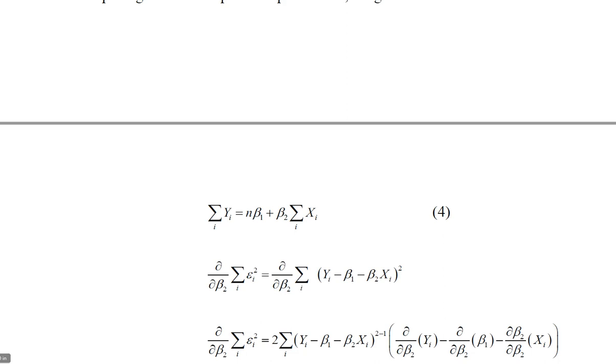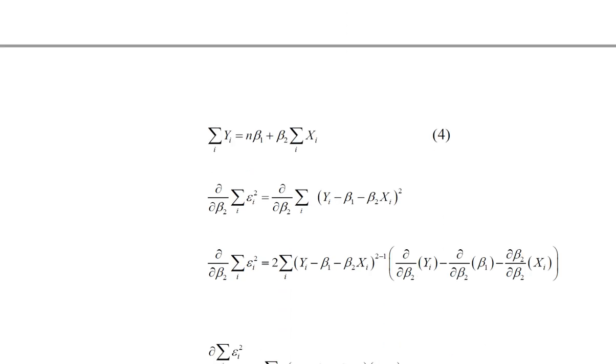We can write this equation as, when this equation goes to the other side, the minus converts into plus. So we write it as sum of yi is equal to n beta 1 plus beta 2 sum of xi. So this is our first normal equation, and we give it number 4 here.